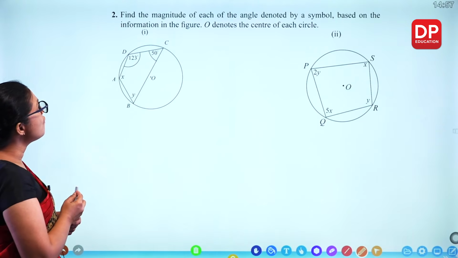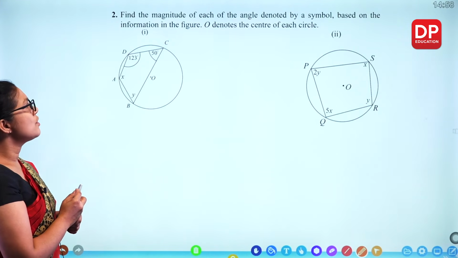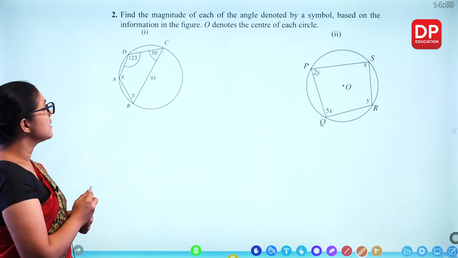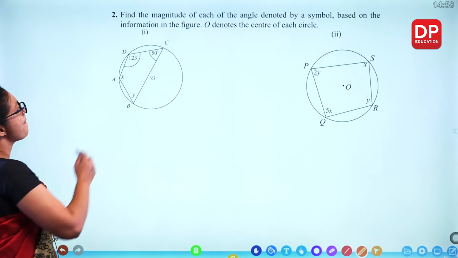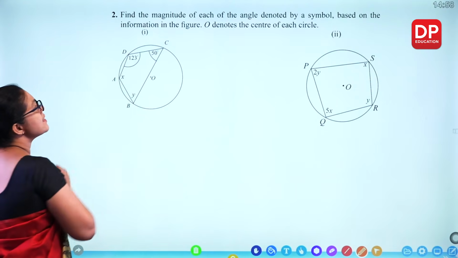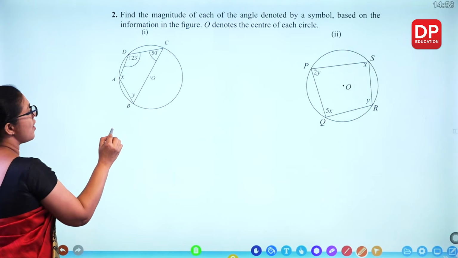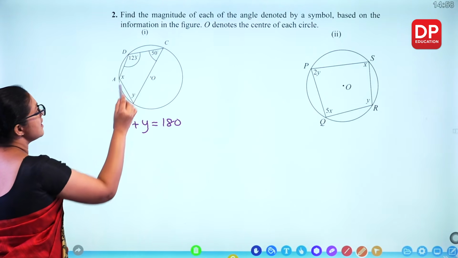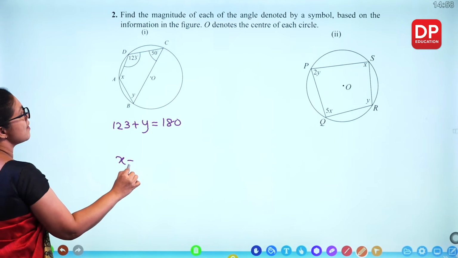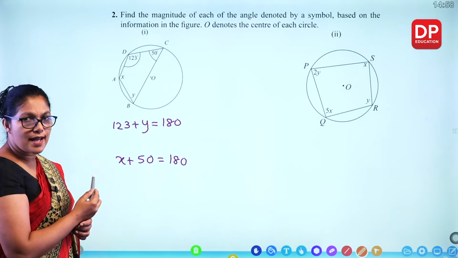Question number 2. Find the magnitude of each of the angle denoted by a symbol based on the information in the figure. O denotes the center of the circle. So this is a cyclic quadrilateral. What can you say about the opposite angles? Opposite angles are supplementary. So these two, 123 plus y equals 180, as well as x plus 50 is equal to 180. So you can find x and y.